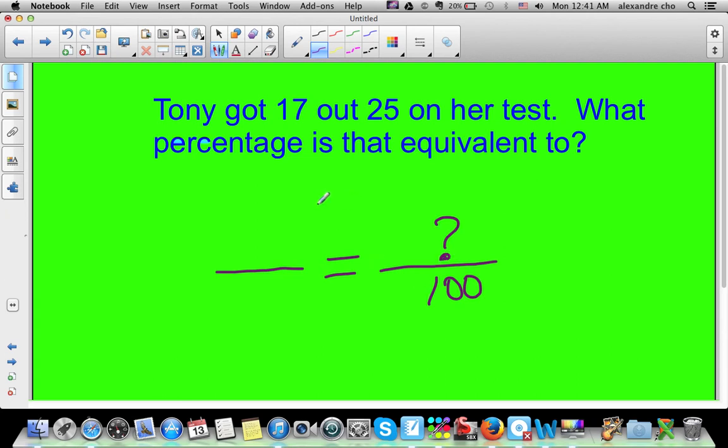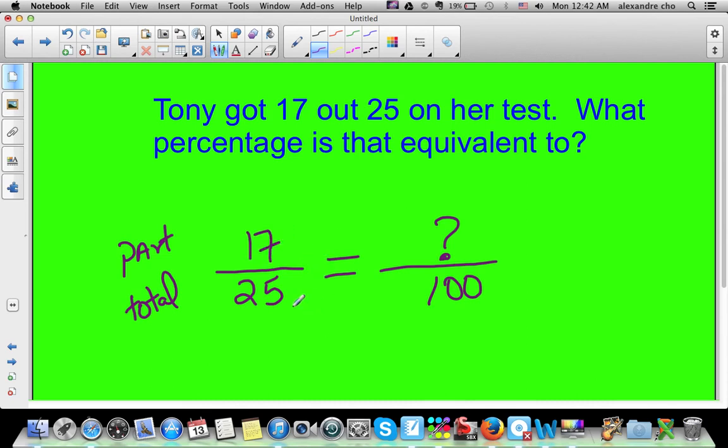Second part says 17 out of 25. Remember, top is always part, bottom is always total. Well, there were a total of 25 questions, so 25 goes at the bottom. And part of it was 17, which is the one that she got correct.